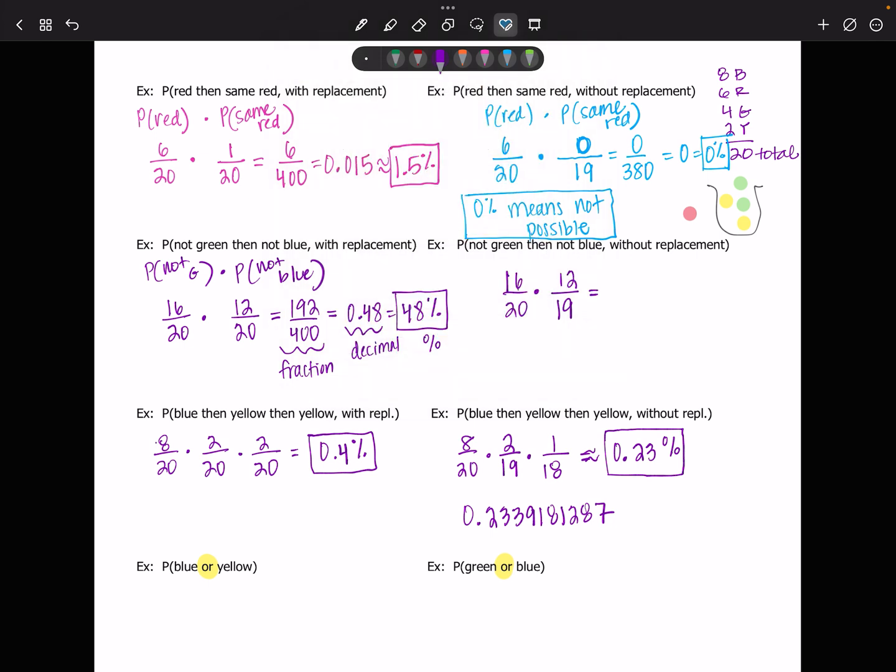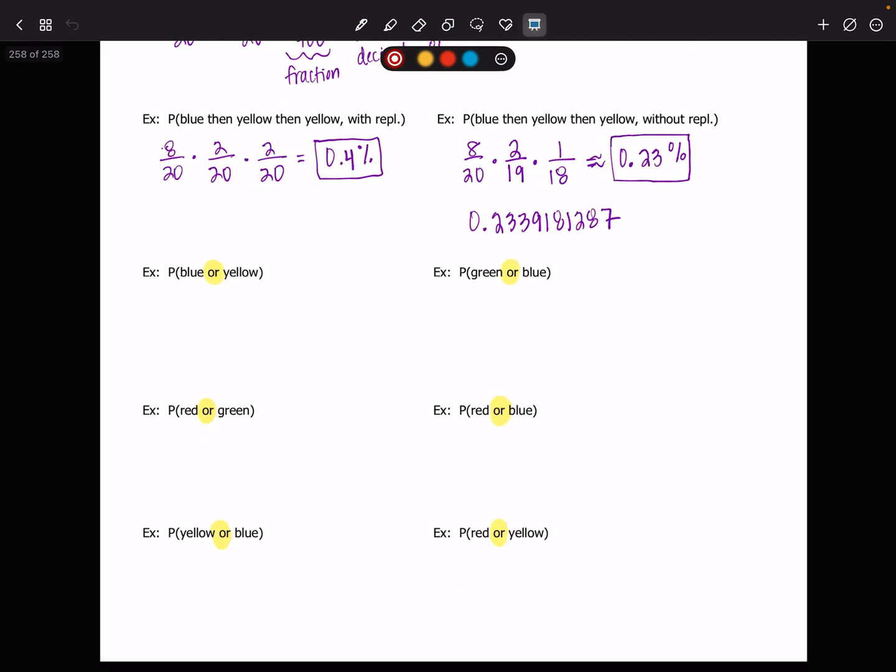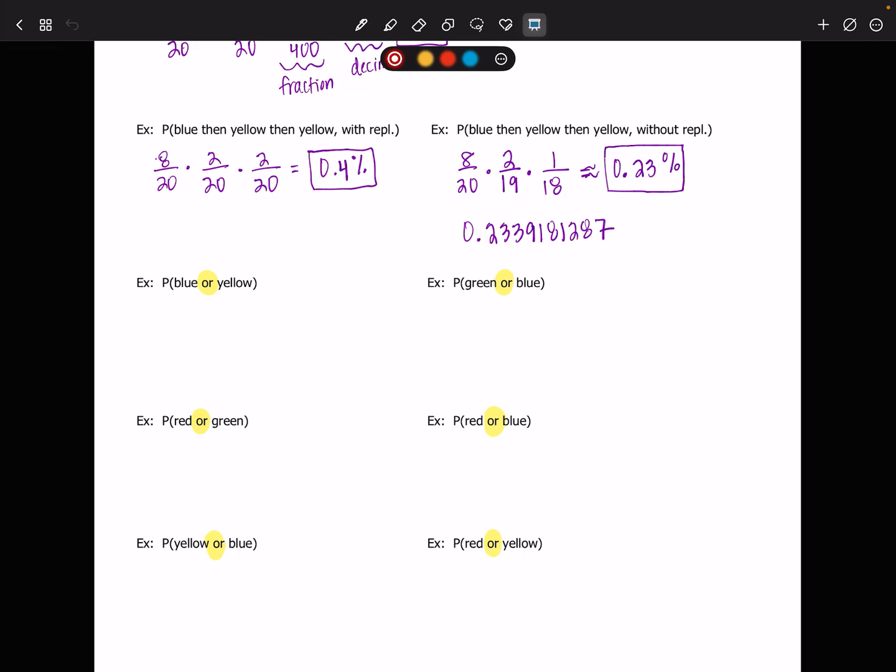I'm getting about 50.5%. So if that's what you got, that's what we're going to go with, because I think that's what the intention was. Just not to be too complicated, just to make sure that you're getting the whole with replacement, the denominator stays the same. Without replacement, that denominator keeps reducing by 1 with every marble that you take out. Now in the last video, we're going to do the OR situation.